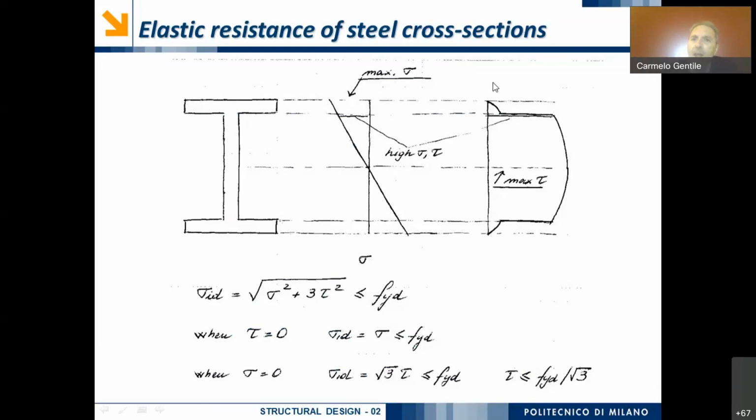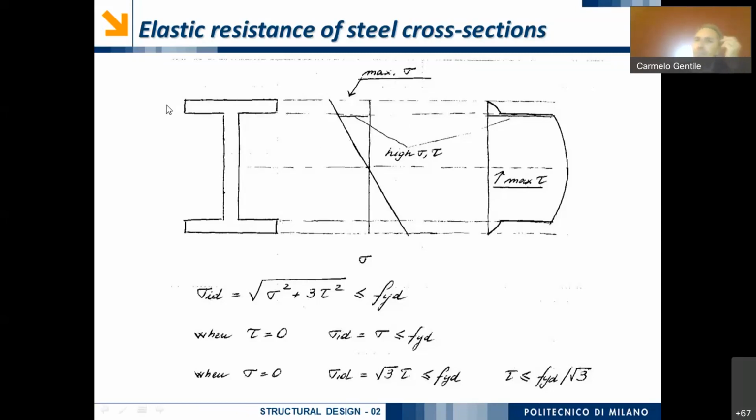Okay, now I would like to understand how it is possible to verify or to check the elastic resistance of a steel cross-section. So, for example, let's assume that our cross-section is in the elastic range, okay?